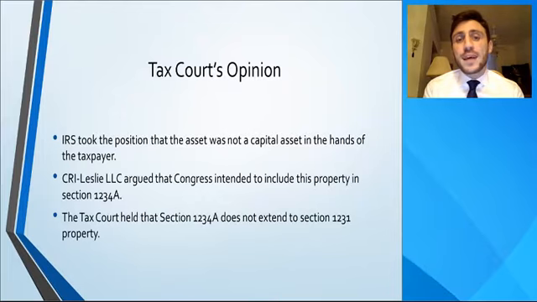CRI-Leslie LLC did not dispute that their property was Section 1231 property. However, they argued that because the result of the sale would have been a capital gain had it gone through, Congress must have intended to include this property in Section 1234A. But the tax court did not agree with that argument.